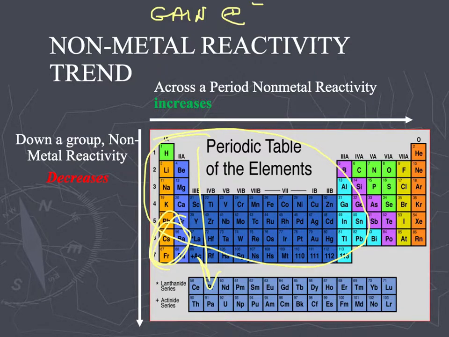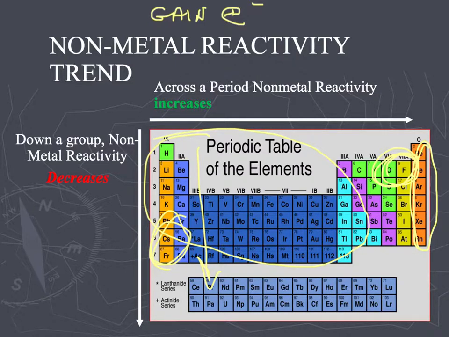They actually want to quickly get rid of electrons, so they're going to be very low in non-metal reactivity. Then you have materials over here, fluorine, chlorine, oxygen. They want to gain electrons so they can be more like these elements here, with a full stable shell. So their reactivity is going to increase as you go across a period, and very much decrease as you go down.